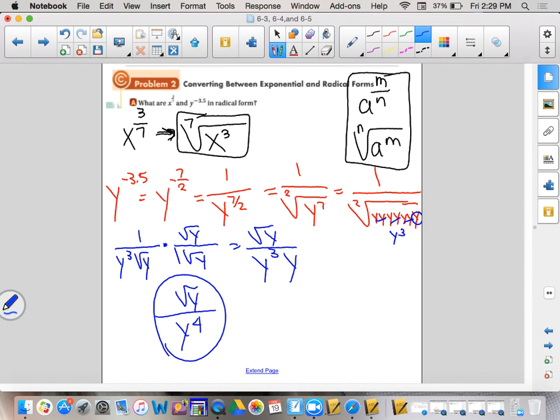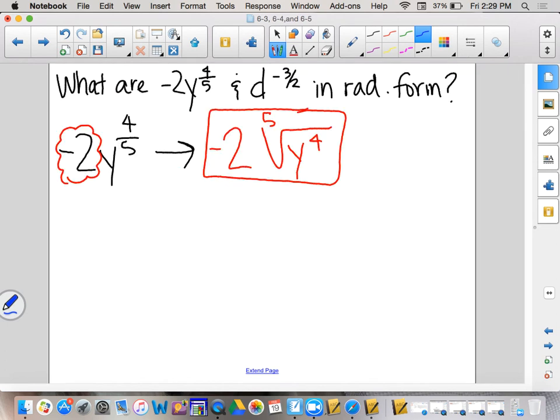Okay, let's do one more like this. Let's do d raised to the negative 3 over 2. So it's a negative exponent. What do I have to do to make it positive? Put it on the bottom.